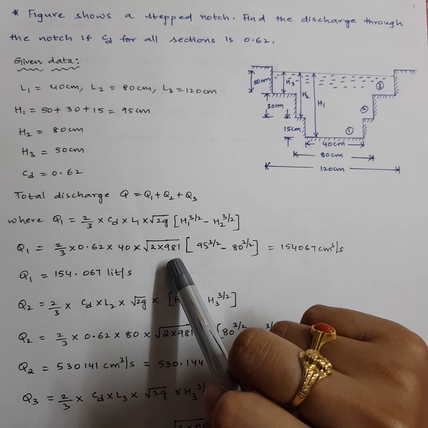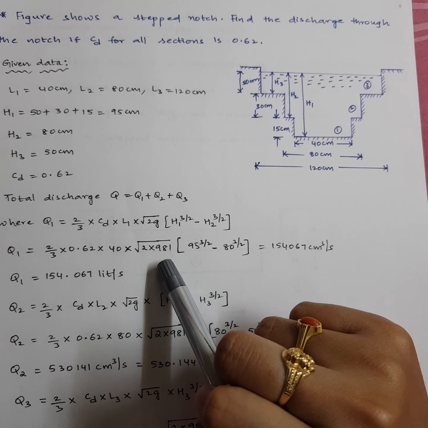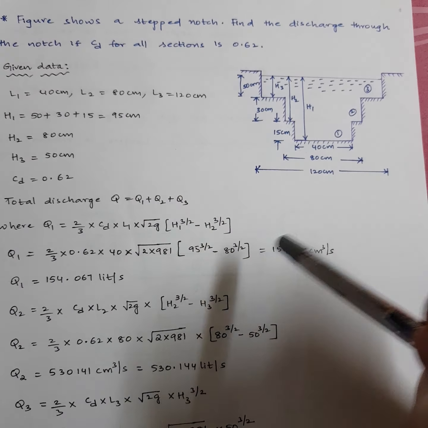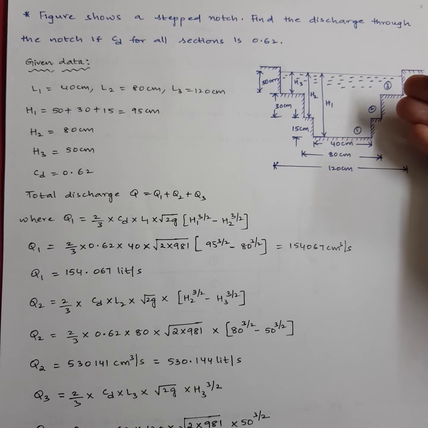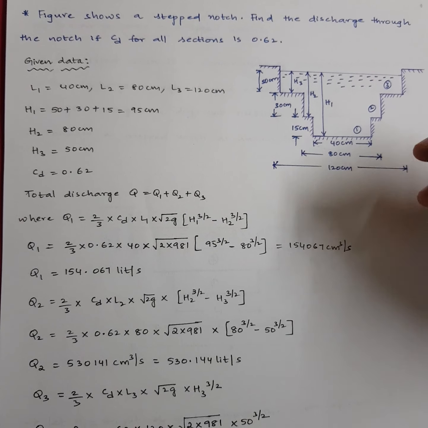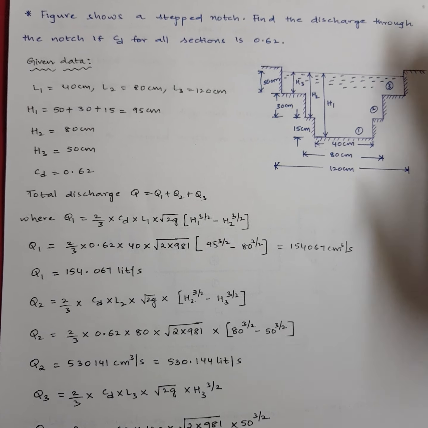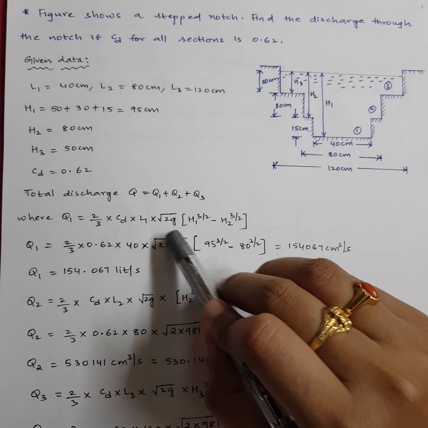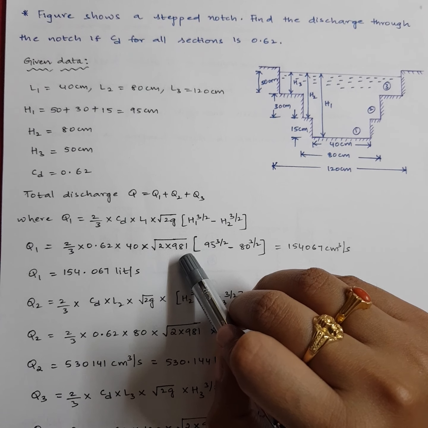Because g equal to 9.81 is in meter per second square, but you can see all my dimensions are in centimeters. So instead of putting 9.81, I'm putting 981, converted into centimeter per second square.